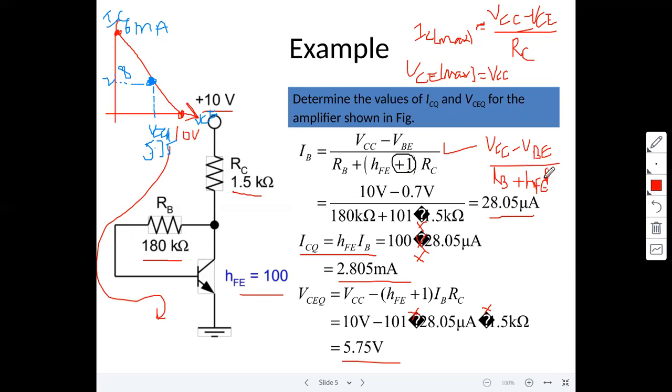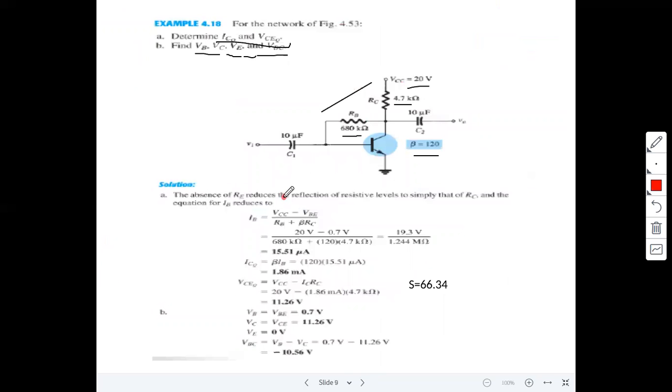Same expression is used in this problem. So IB is equal to VCC minus VBE by RB plus HFE or beta times RC. So now the base current is equal to 15.51.